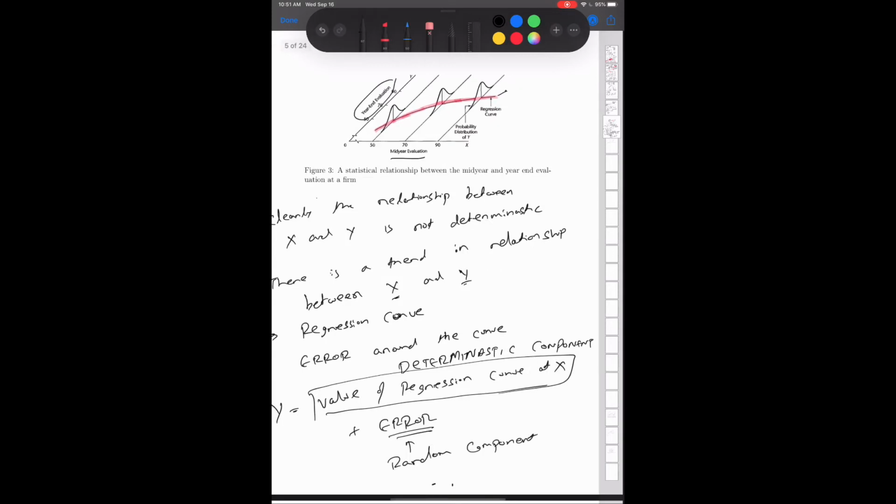In some cases the regression function can be a sine curve or exponential curve and so forth. And how the y's vary around the regression curve can also change, right?